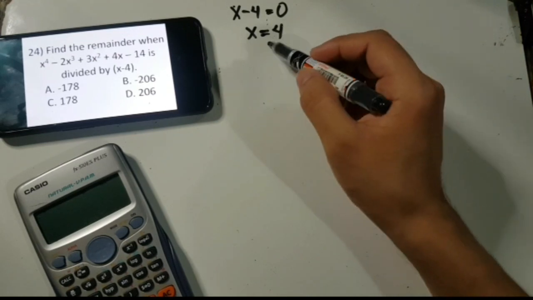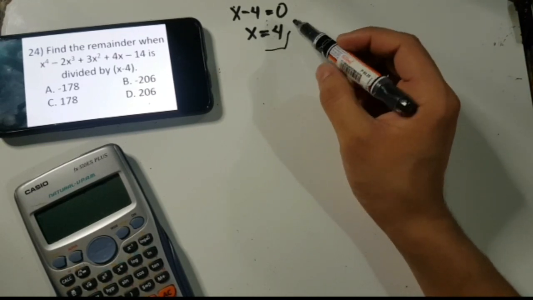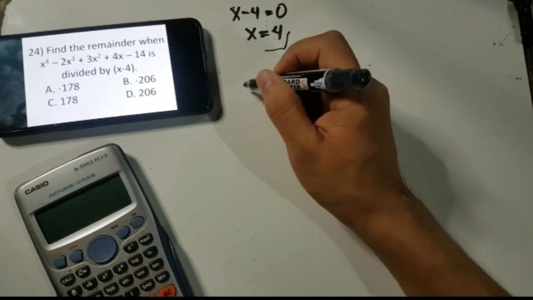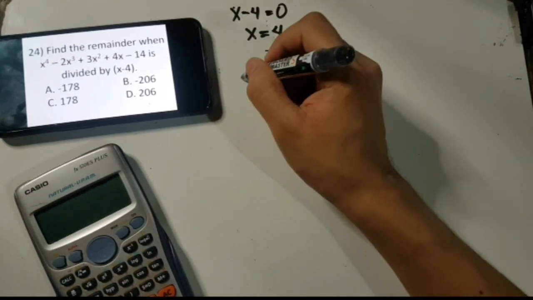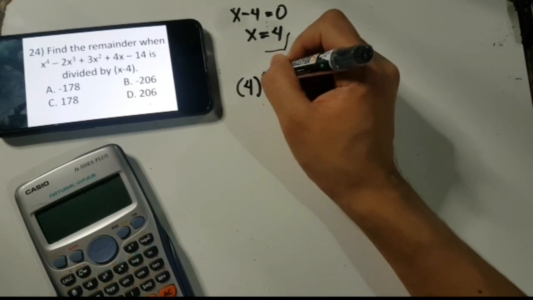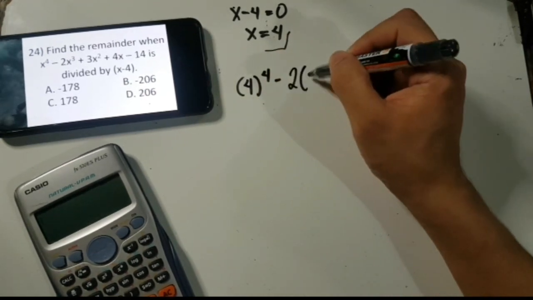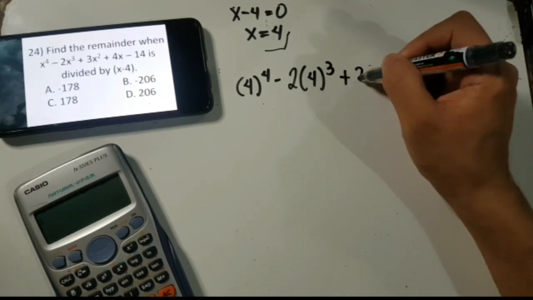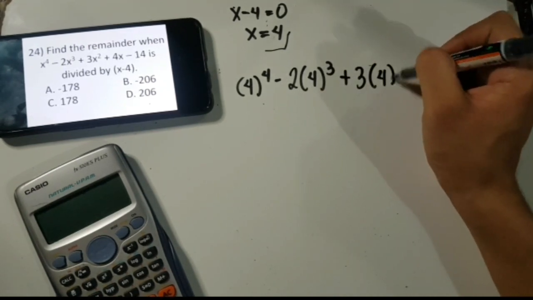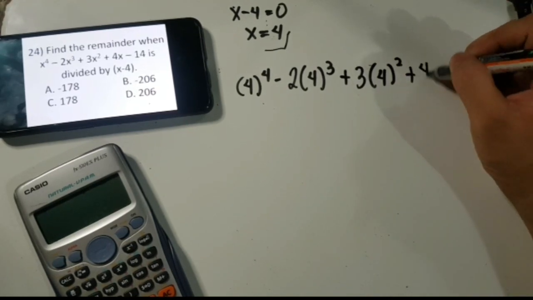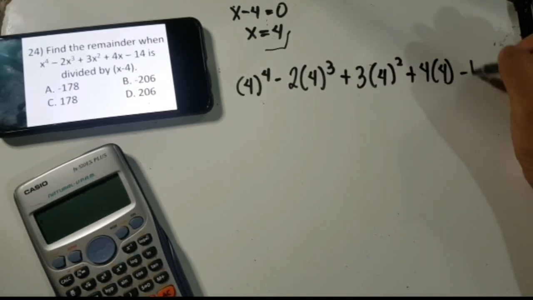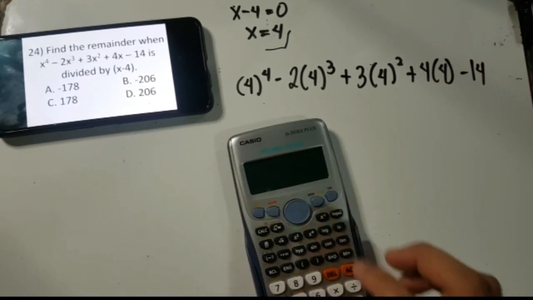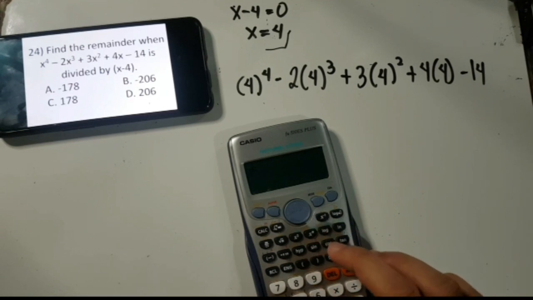Okay. So, etong value ni x na 4, isa-substitute natin siya sa given equation, which is x raised to 4. So, 4 raised to 4 minus 2 times 4 cubed plus 3 times 4 squared plus 4 times 4 minus 14. Yan. So, you can use your calculator for this.